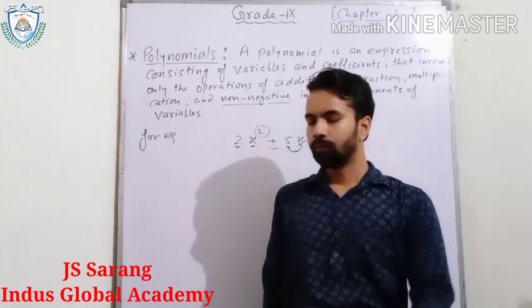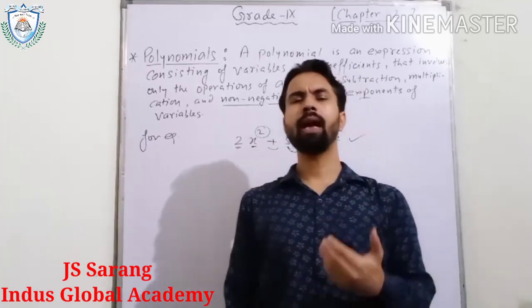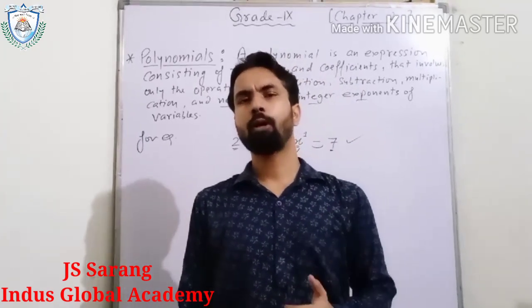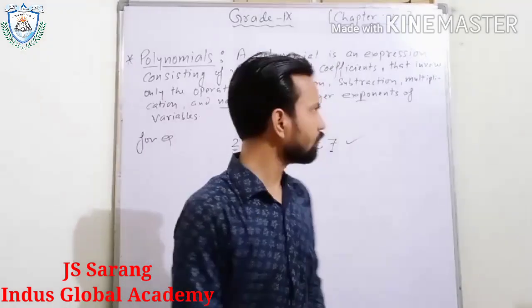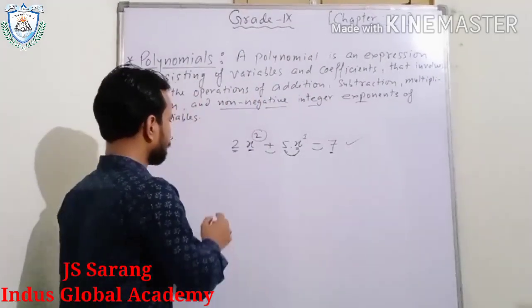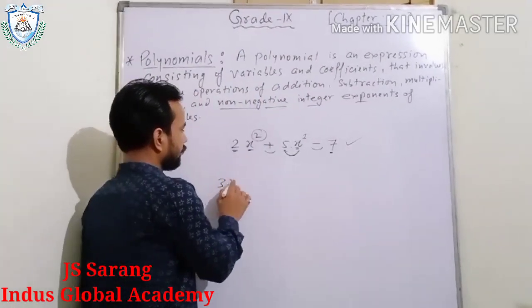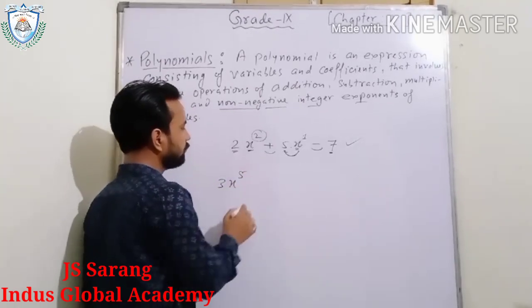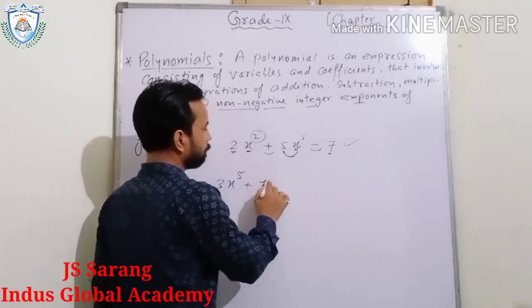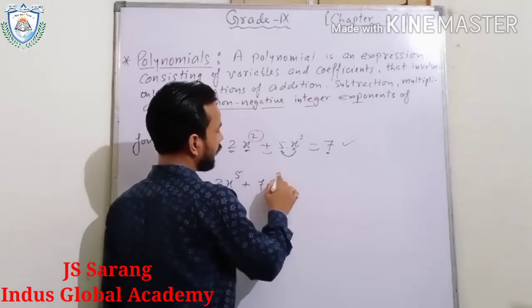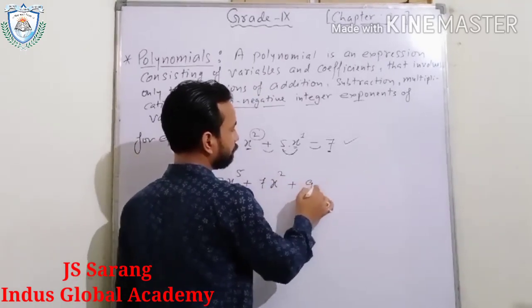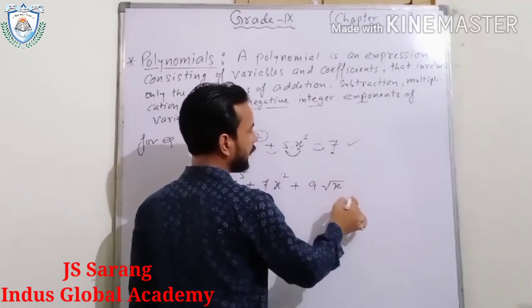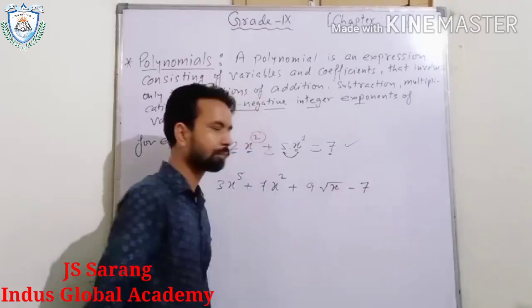Okay, now we will discuss how we have to identify whether something is a polynomial or not. So I am taking some examples here. 3x to the power 5 plus 7x square plus 9 under root x minus 7.